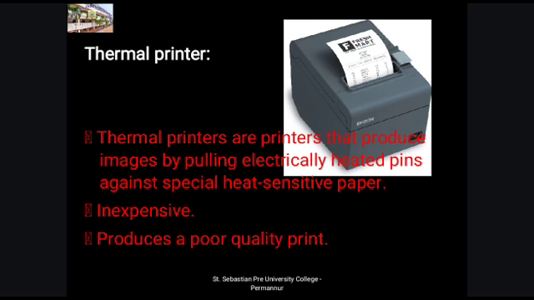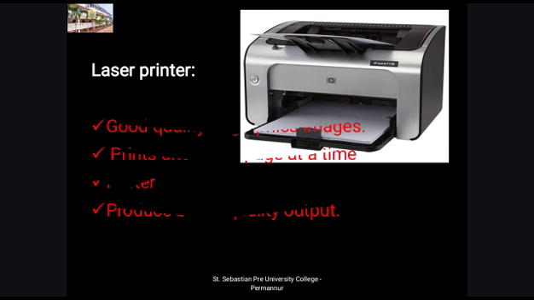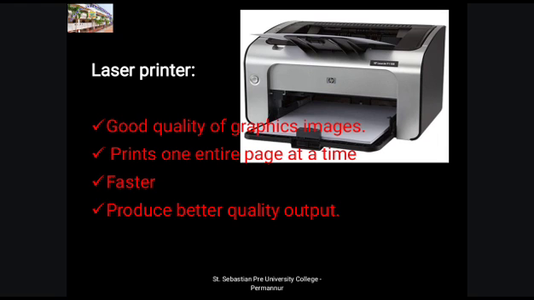It produces a poor quality print. Laser printer. Laser printer uses a laser beam and dry powdered ink to produce a fine dot matrix pattern. These are typically faster and have better quality output.